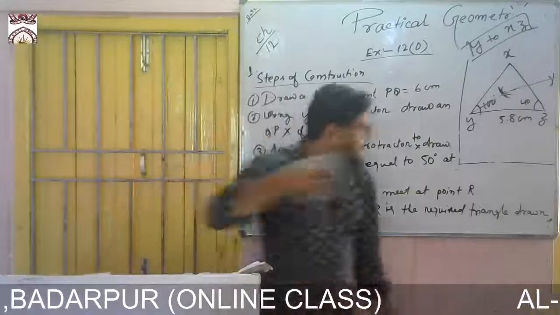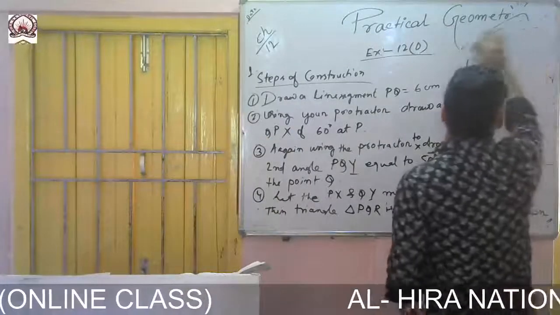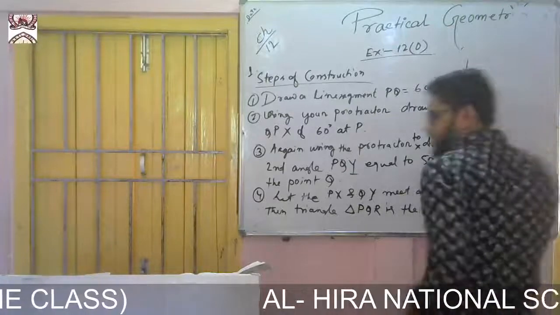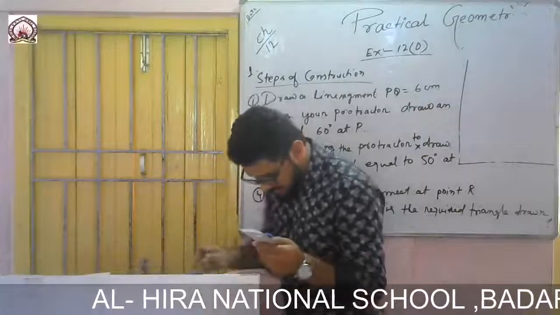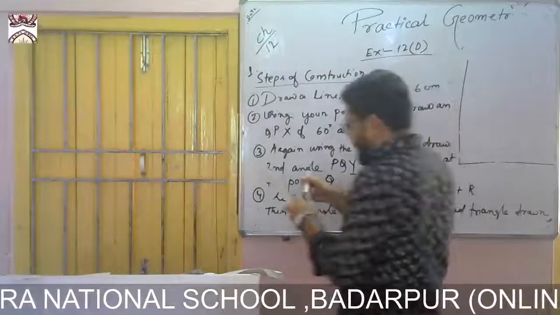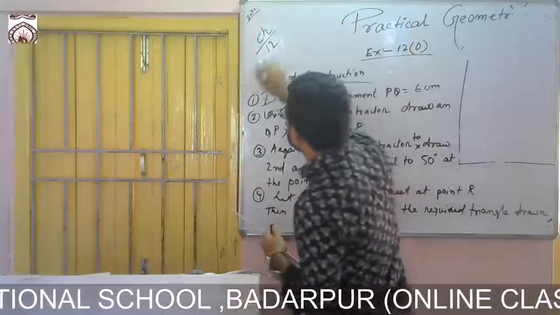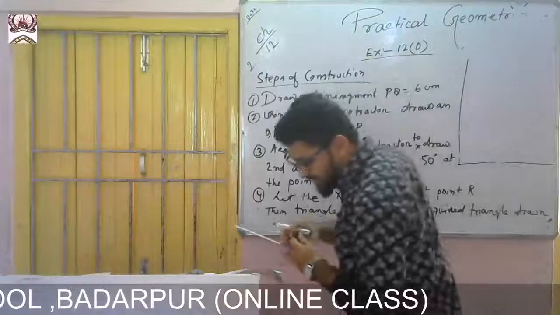So let's start with the figure. First draw the triangle. That was question number 2. You write everything that is given.